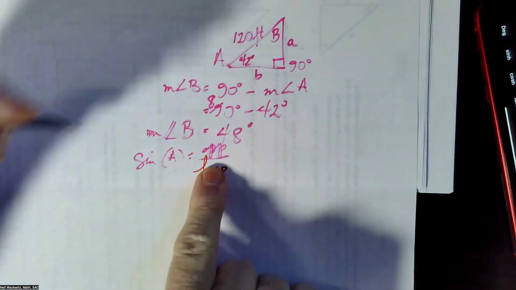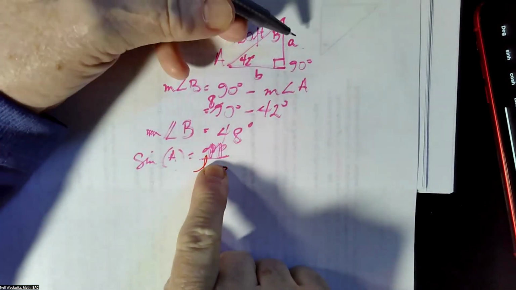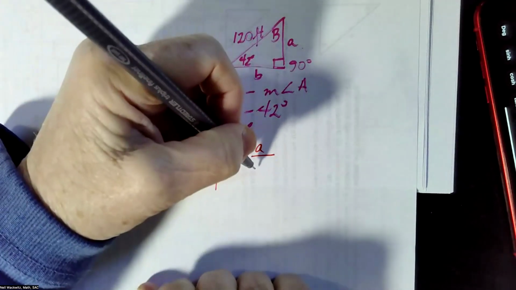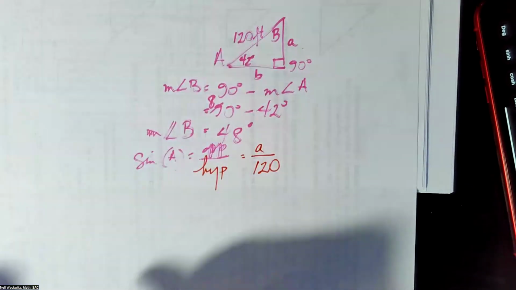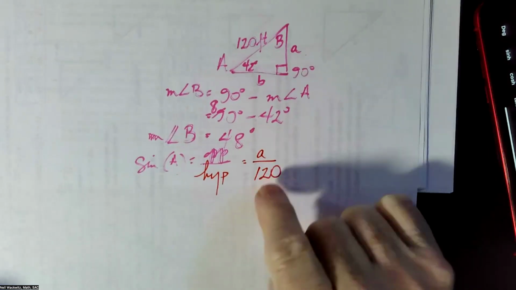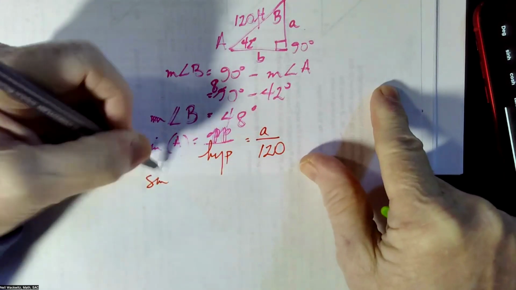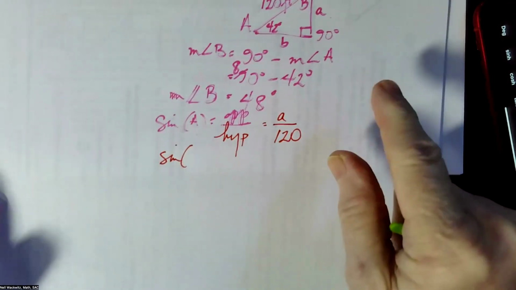The opposite with respect to A is little a. Hypotenuse is always C. And we know that A is 42 degrees.